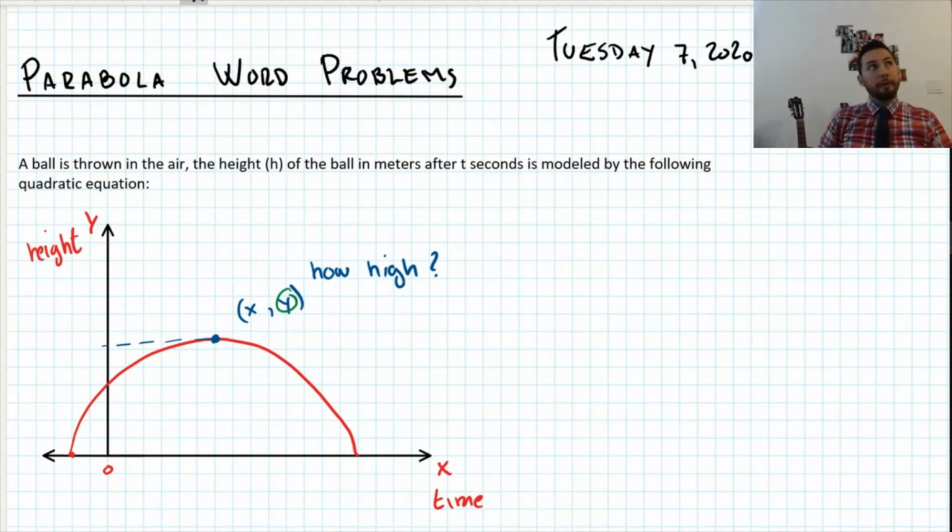What is the top of my income, right? So something similar to that, something that it's talking about the height of my parabola. And again, most of the time it will just be how high is the ball. And again, I'm just looking at my y in the vertex.